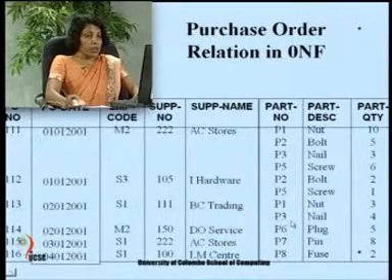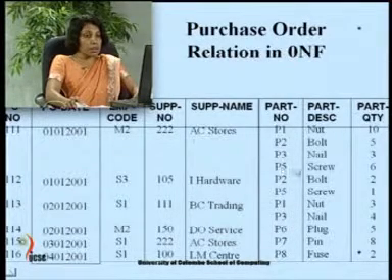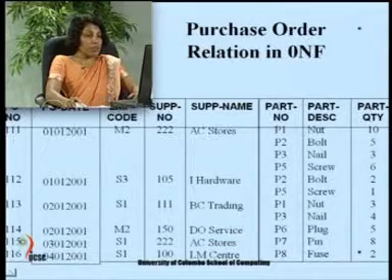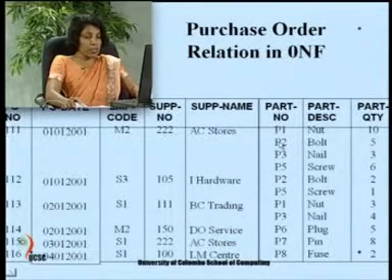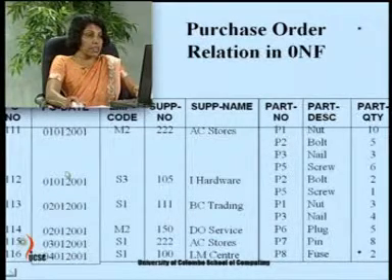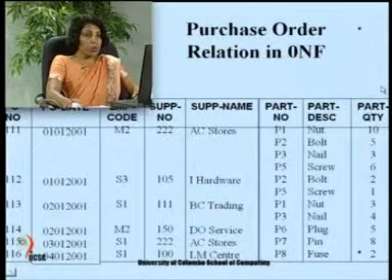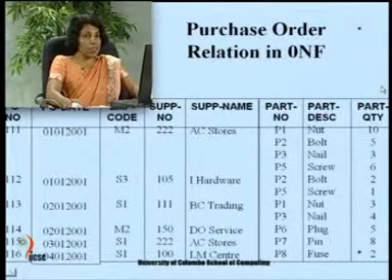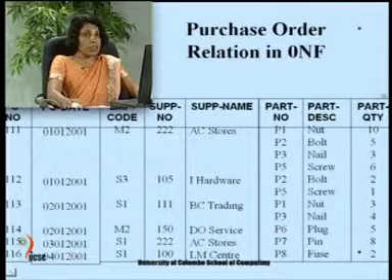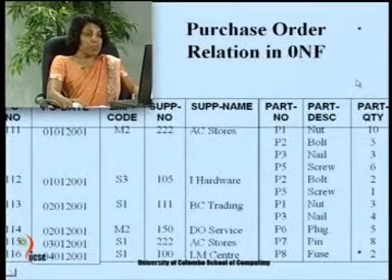So, there could be many parts associated with a particular purchase order. So, we say that this relation is in zeroth normal form, or this is an unnormalized relation.